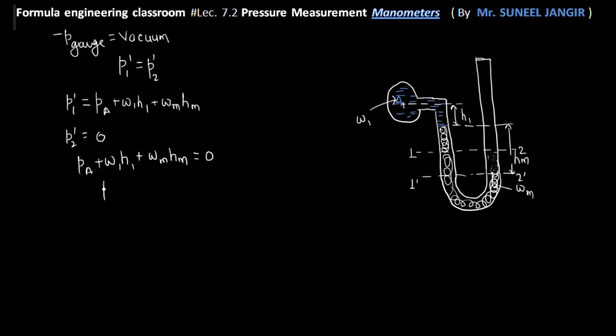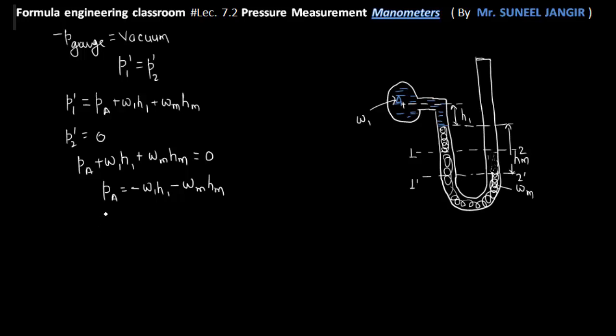So PA is equal to minus W1H1 minus WMHM. We can see this PA is gauge, but negative. So this is the negative gauge pressure or vacuum pressure at the point A in this pipe.